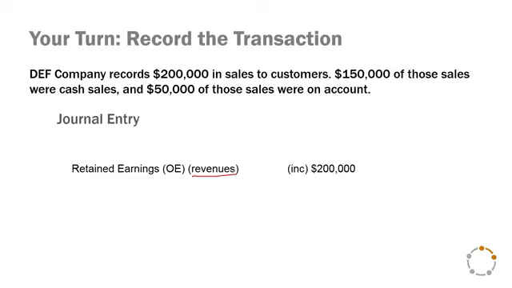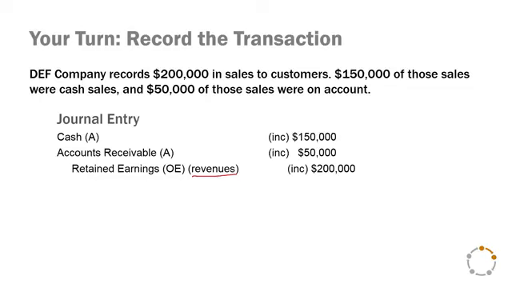And then we record the left-hand side to the asset accounts that tell us what the company received in exchange for those revenues. So here we have cash increasing by $150,000. We have accounts receivable increasing by $50,000, and retained earnings is the right side entry for revenues of $200,000.